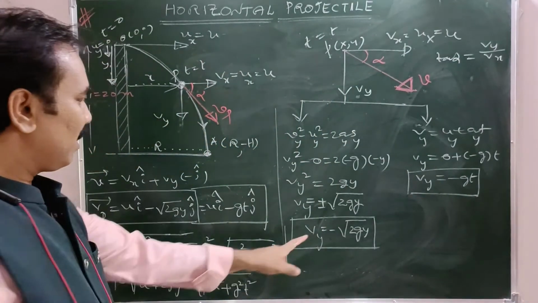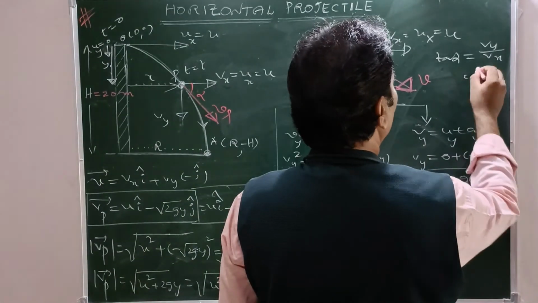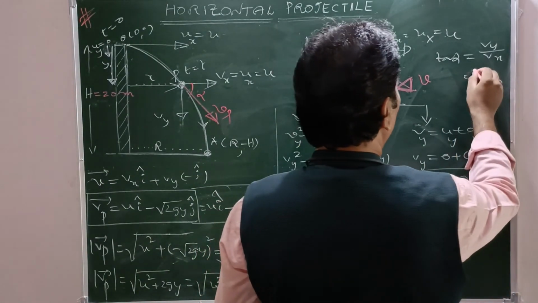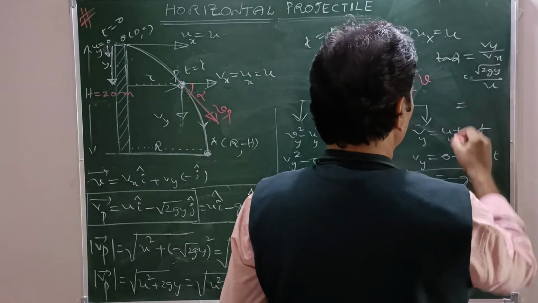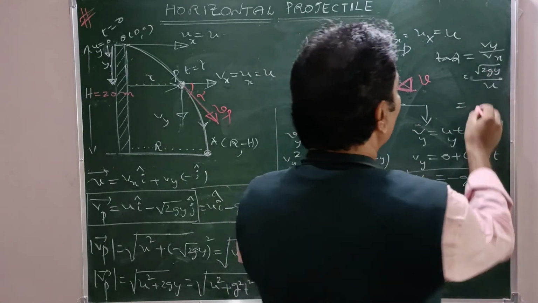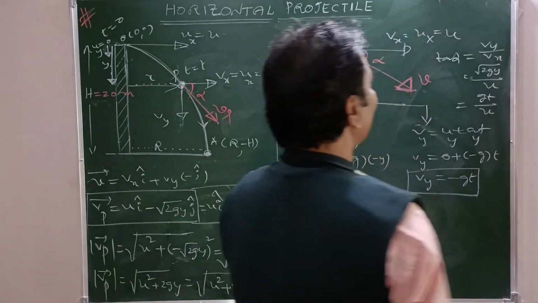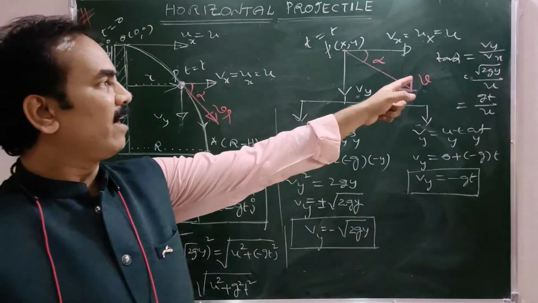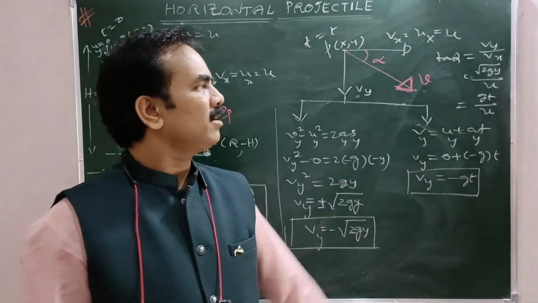Vy means either this one or this one. That is one form, root 2gy by Vx, which is u. Otherwise, gt by u. So tan alpha equals Vy by Vx, that is root 2gy by u or gt by u.